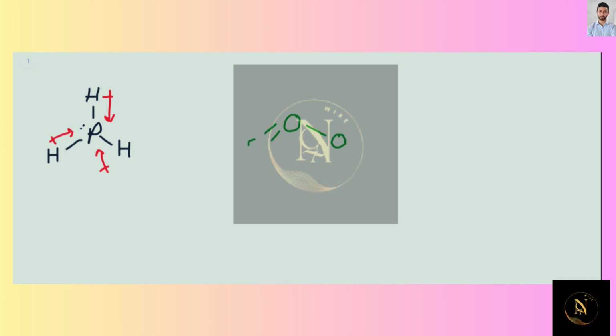So there are two ozone structures. We have this one and we have this one. These are both resonance structures of ozone.